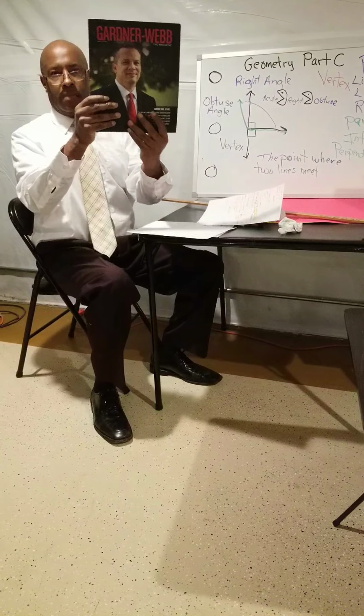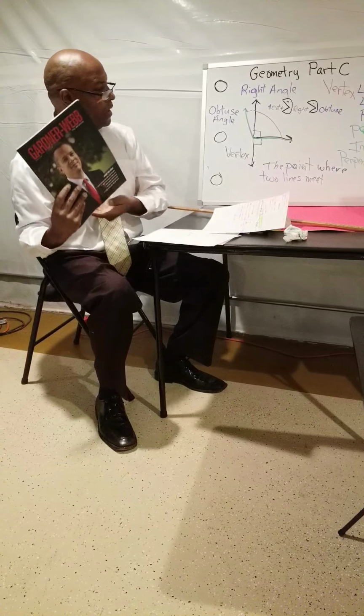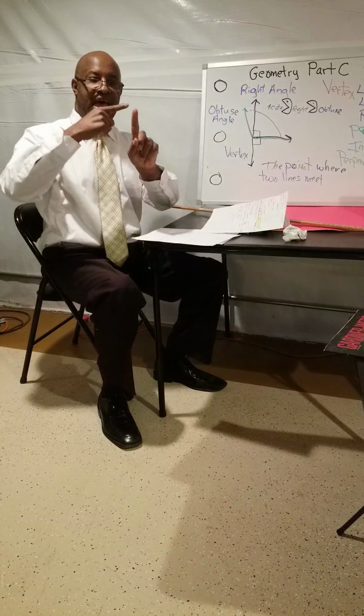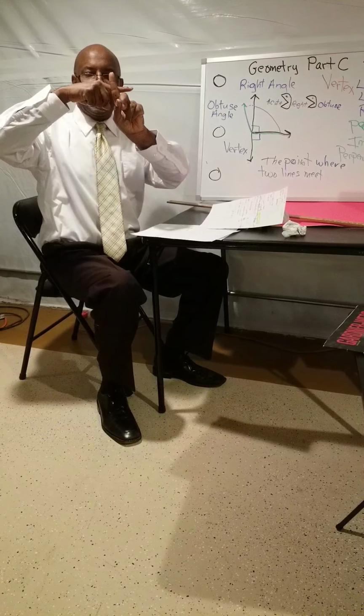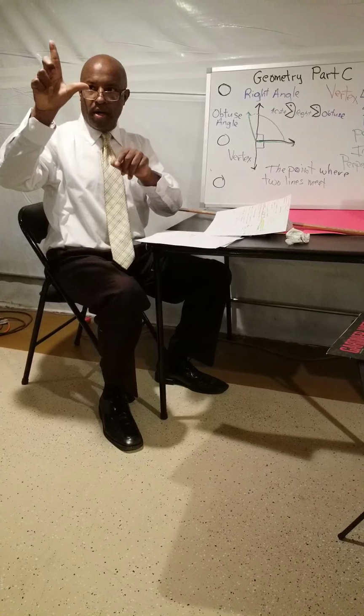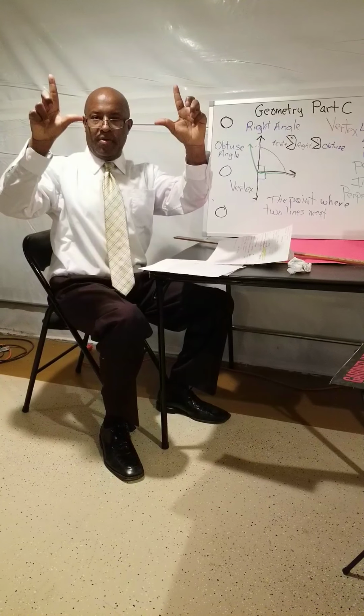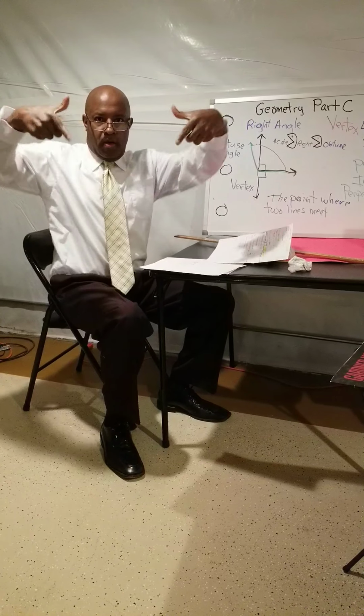Parallel lines, when we talked about the Gardner Webb book, are lines that never touch, and they will never intersect or cross one another. We like to say the word intersect when dealing with geometry and mathematically speaking. Top and bottom will never touch. Perpendicular lines will always have that lowercase t when they cross, or look like a capital L, whether you mirror the L this way or that way.